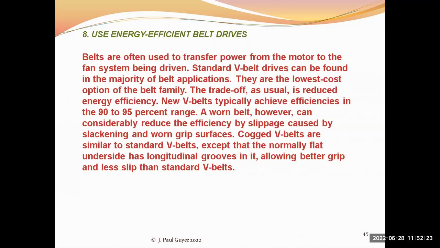But the newer V belts typically achieve efficiencies in the 90 to 95% range. A worn belt, however, can considerably reduce the efficiency by slippage. Cogged V belts are similar to standard V belts, except that the normal flat underside has longitudinal grooves in it, allowing better grip and less slip than the standard V belts.